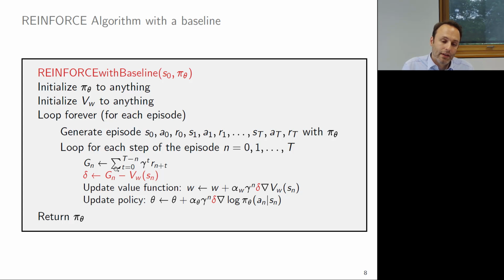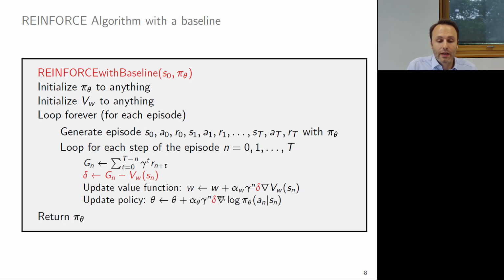And with this delta, we update our value function. So we have a neural network here where we have the delta inside, and we do a gradient version of value iteration, basically, to get the updates of the W's. For the policy, we have a different neural network where we also use that delta.